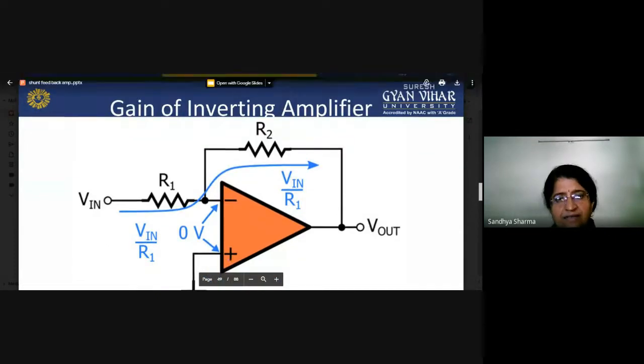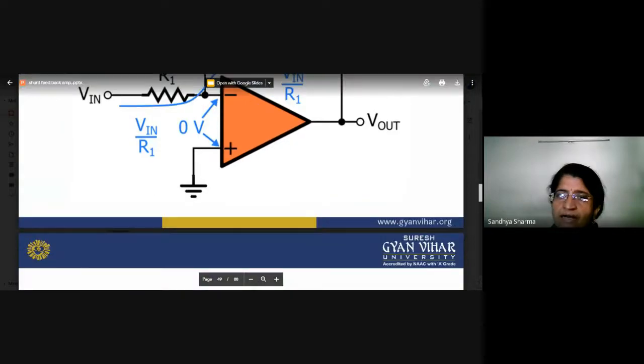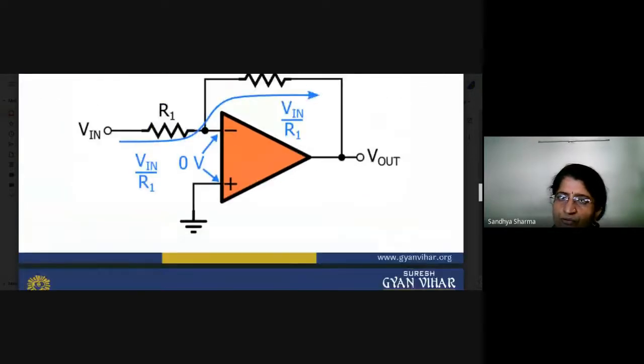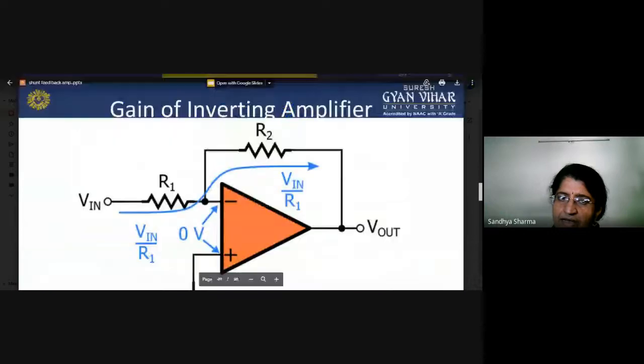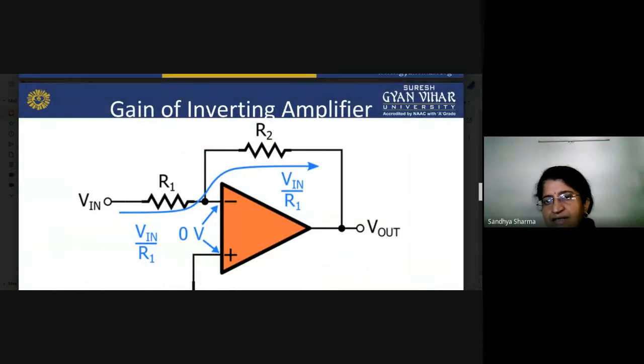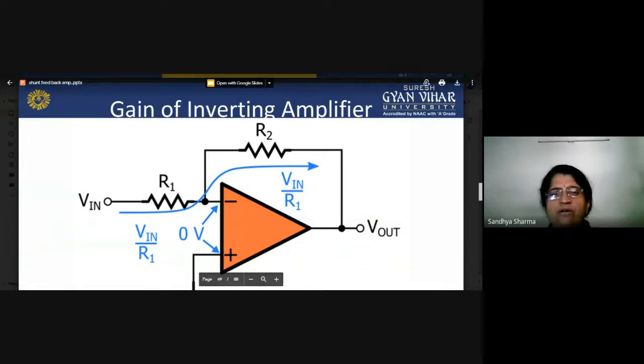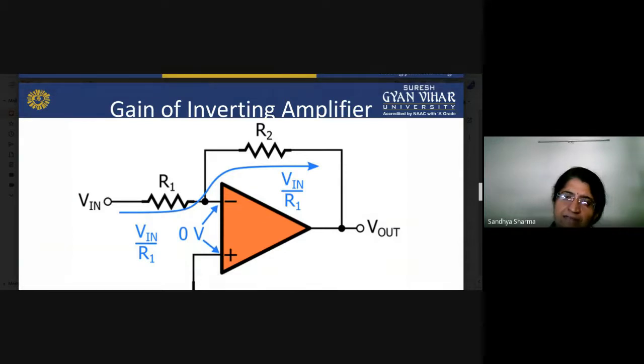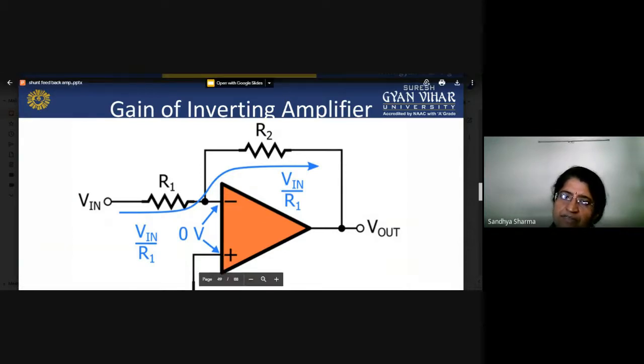What happens here? The non-inverting terminal should be grounded, and you only provide your input signal to the inverting terminal, and there is RF, R1 or R2, whichever parameters you take. This is the feedback circuit, the feedback path which is provided to you.